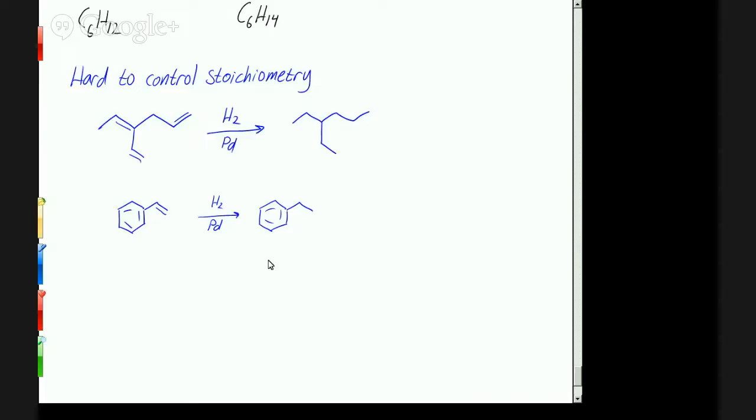But also things like triple bonds work with this too. We haven't talked a lot about alkyne chemistry, but alkynes will get reduced as well.